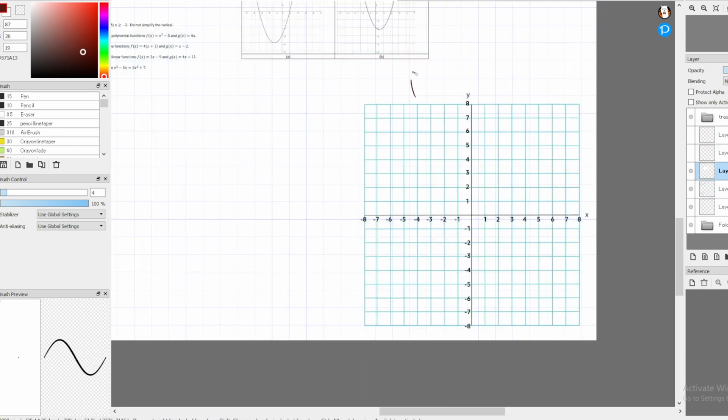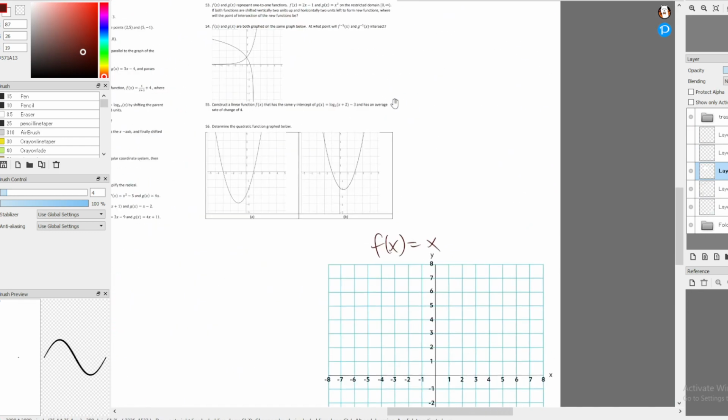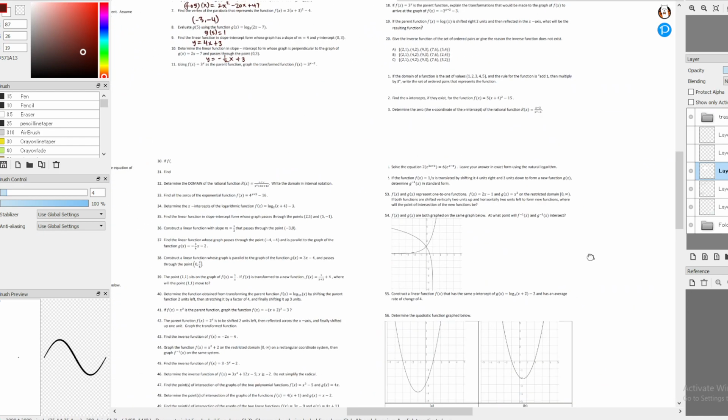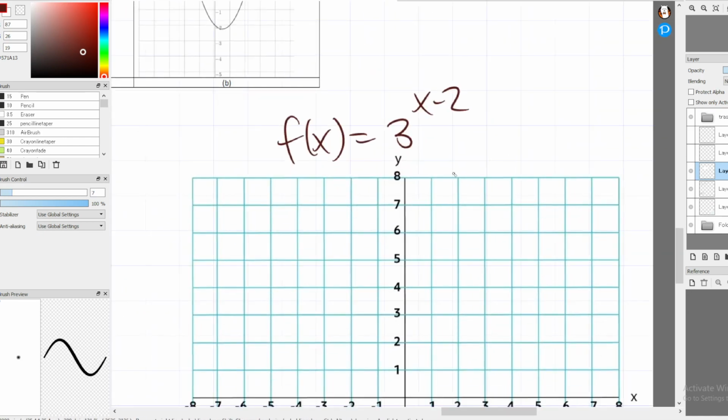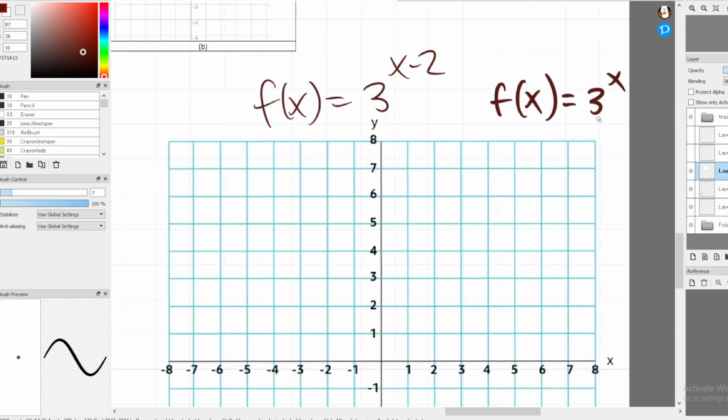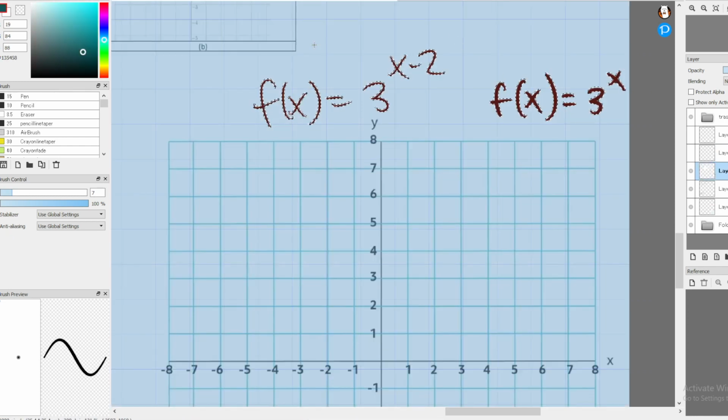The parent graph of this function would be f of x equals 3 to the x power. And this one, let me change its color really quick so we can know the difference.